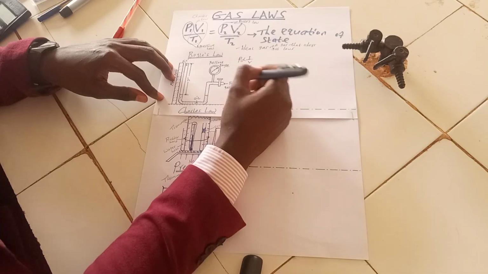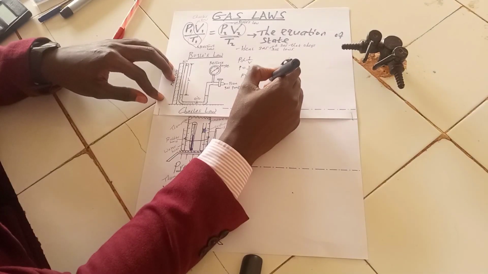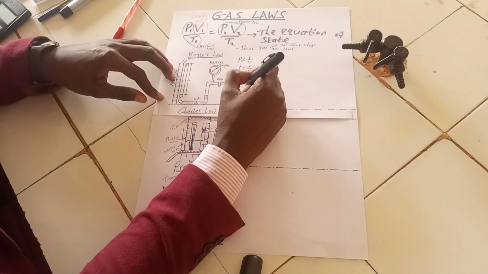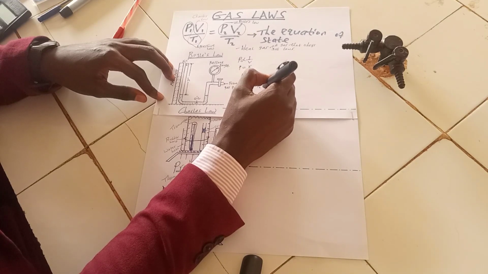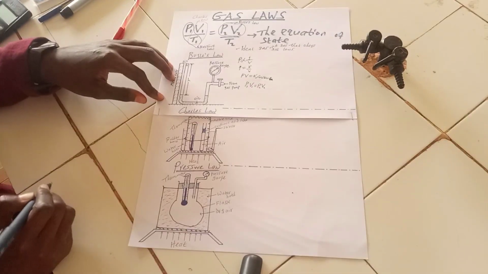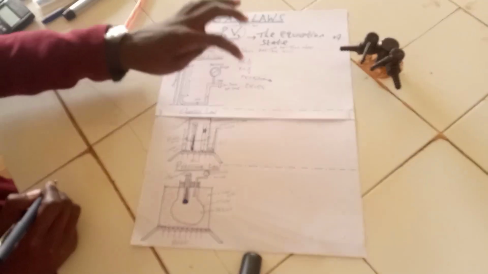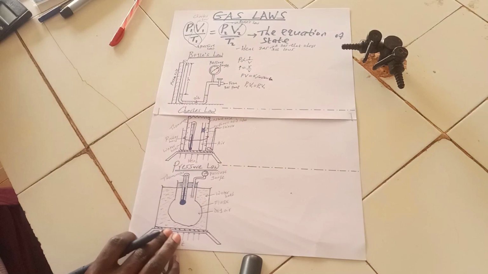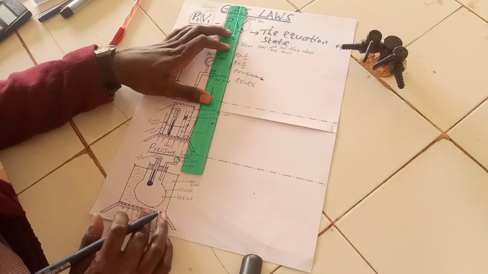In other words, pressure times volume is a constant, and that simply means pressure 1 volume 1 is equal to pressure 2 volume 2, and that's a continuous formula, because a constant simply implies that if you multiply pressure by volume at any point, you get a constant value.